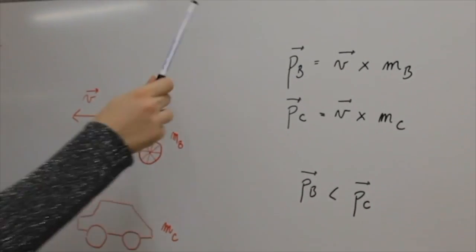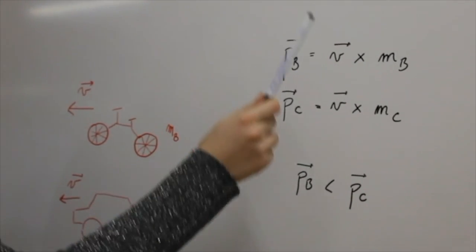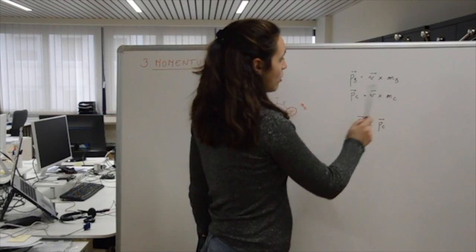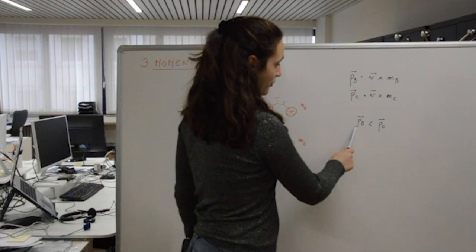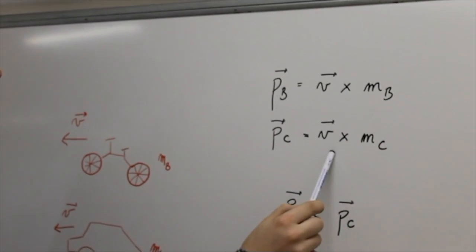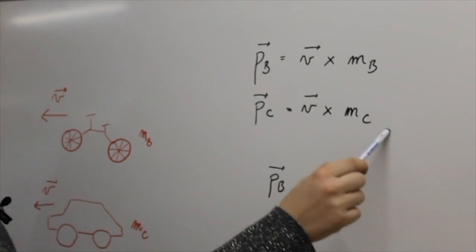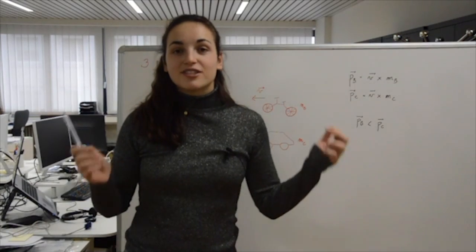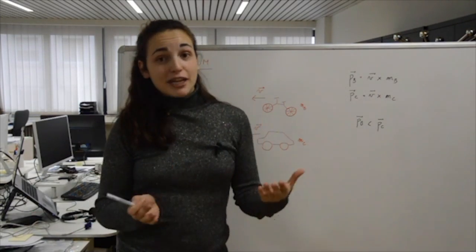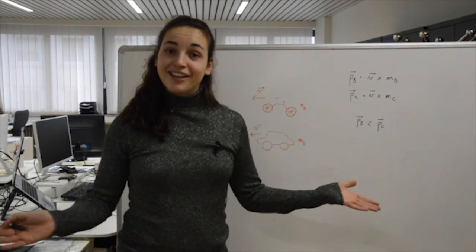The momentum of the bike is the speed times the mass of the bike, which is of course smaller than the momentum of the car, since they have the same speed, but the mass of the car is bigger. So, because the car has a bigger quantity of movement than the bike, it takes more time for a car to brake than for a bike.